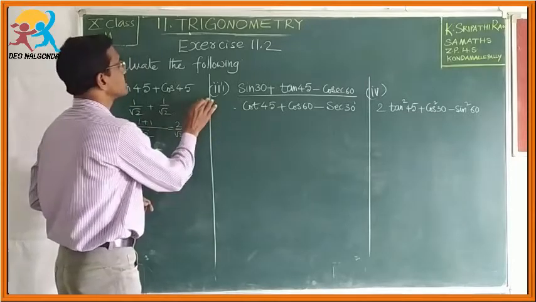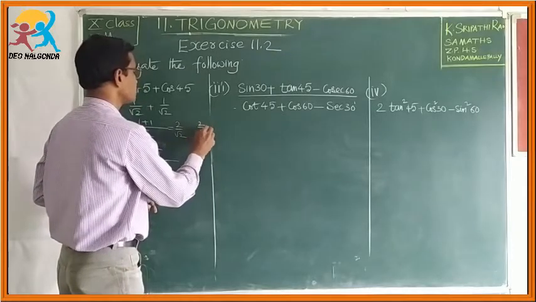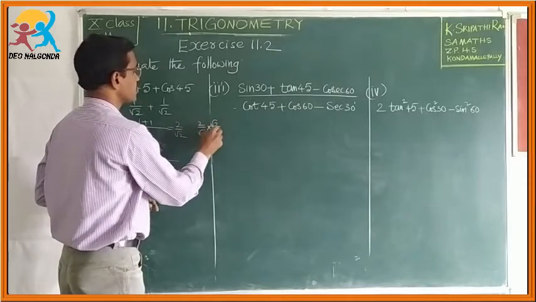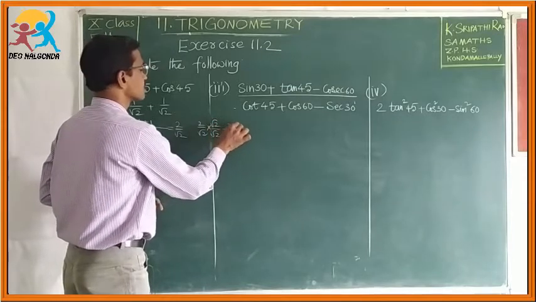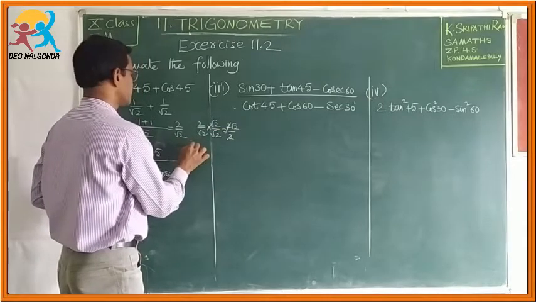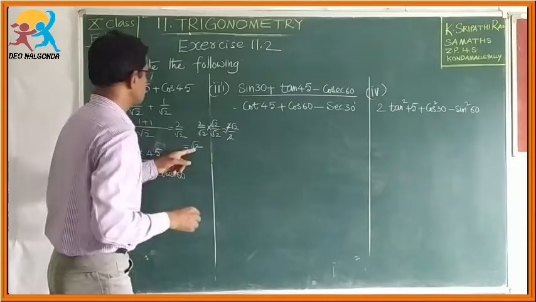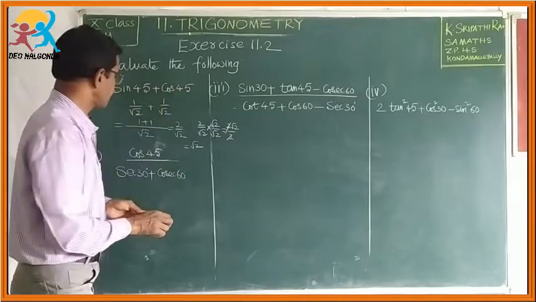So, multiply the numerator and denominator with root 2: 2 by root 2 into root 2 by root 2. Here 2 root 2 by root 2 into root 2, the 2s cancel, we get the value root 2. This is the value of sin 45 plus cos 45.